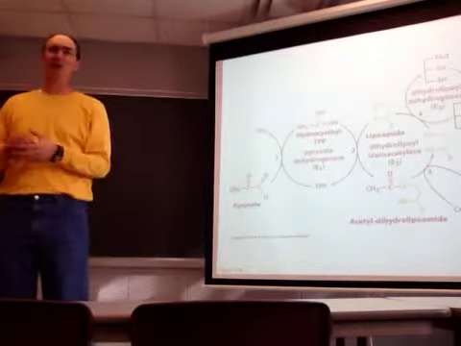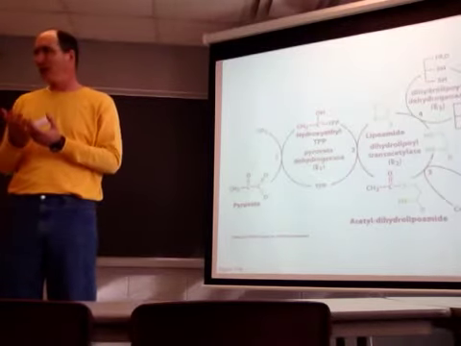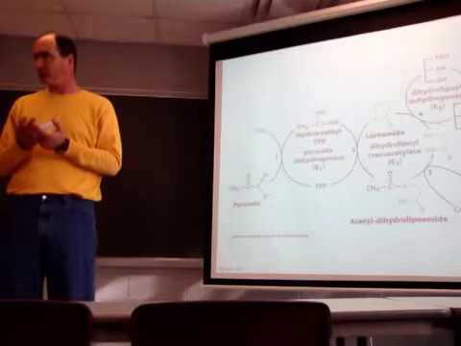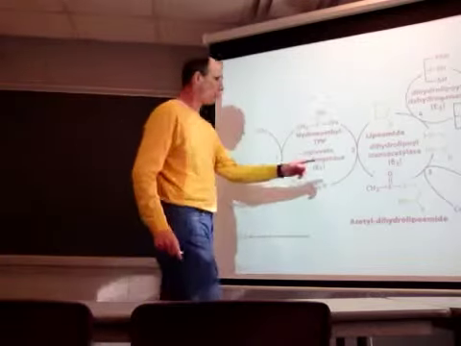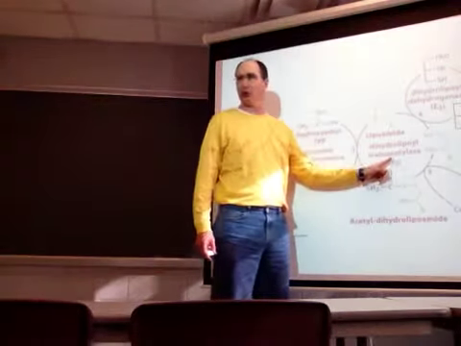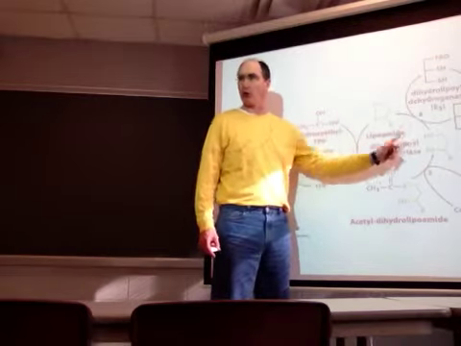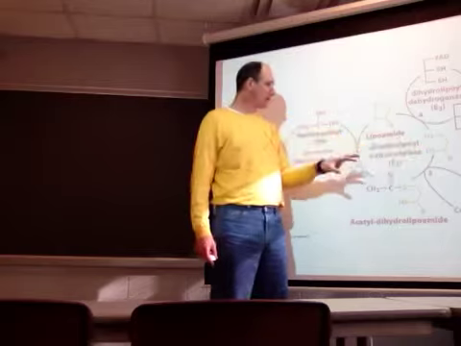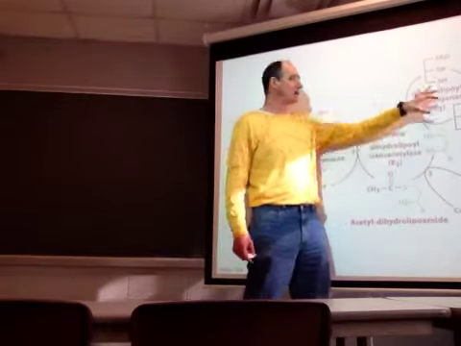And so now are you starting to see why putting these things together in a complex is much more efficient? Because this one coenzyme of E2 has to interact with all three proteins. It has to interact with itself, has to interact with E1, and it has to interact with E3.